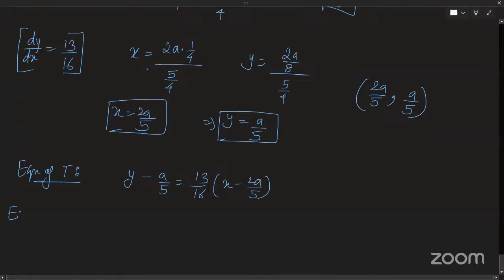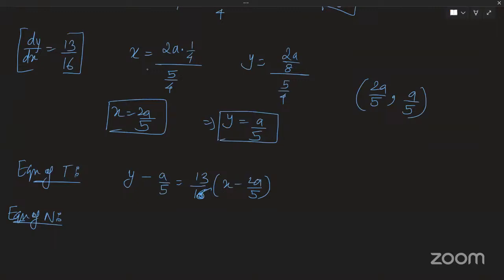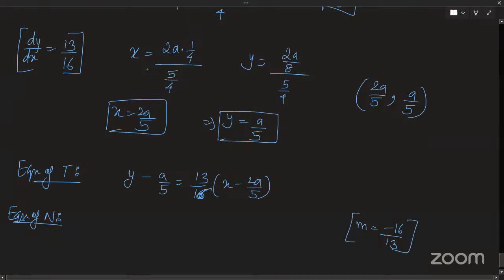Okay. So now in order to find the equation of normal, can you tell what will be the slope of the normal? If the slope of tangent is 13 by 16, what will be the slope of the normal? Minus 16 by 13. Great. So I can just directly write the equation.